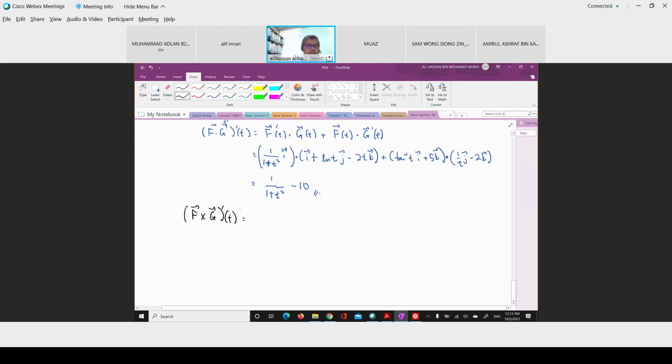And the second method is to use the product rule for the derivative of f cross g.